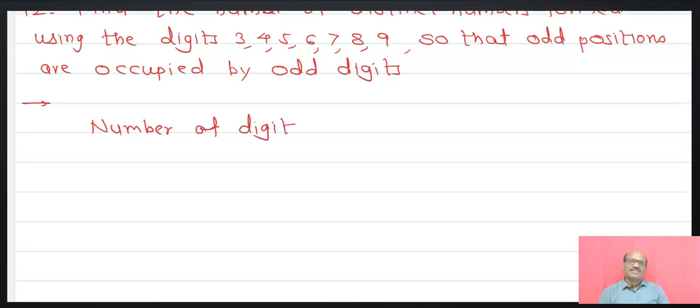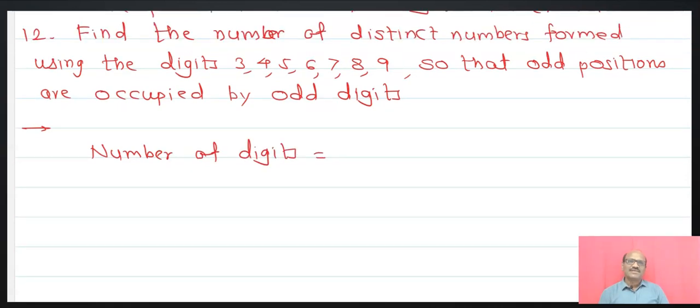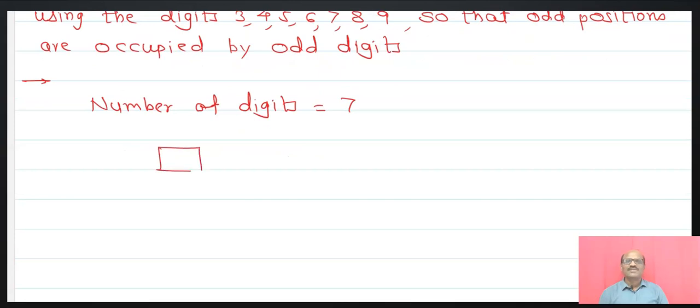Now see, this is very simple, that is, odd positions are occupied by the odd digits.